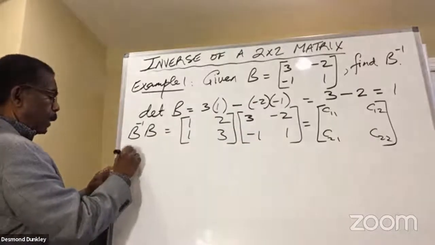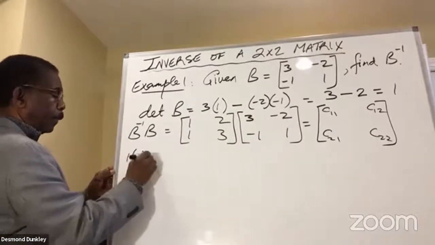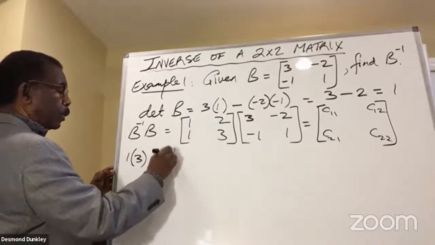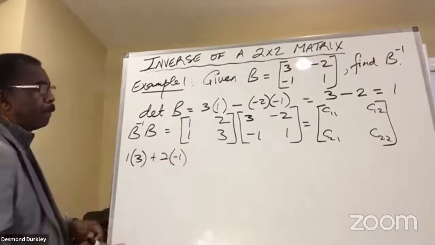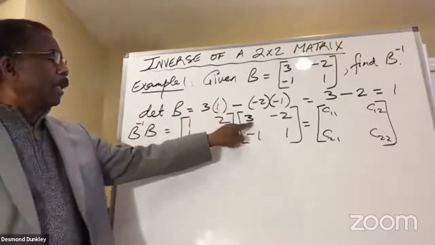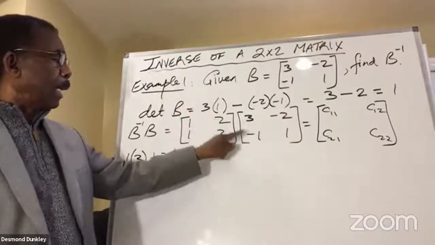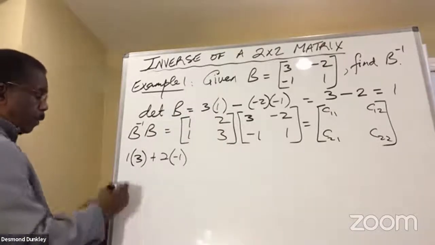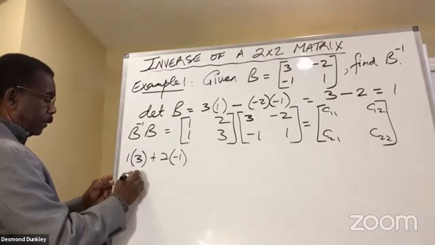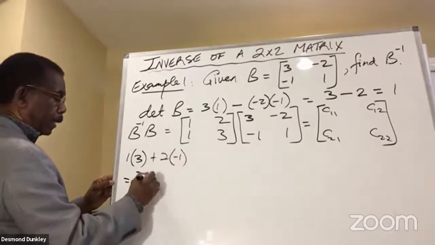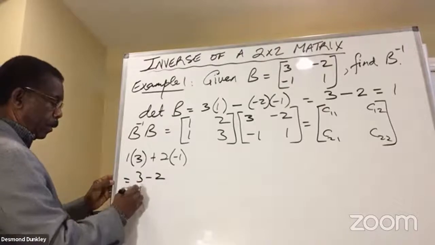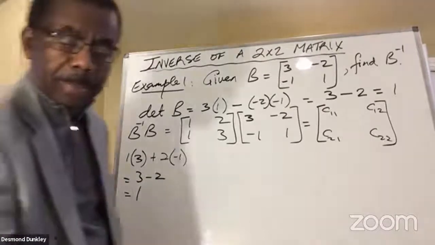Okay, so the first position is the first row, first column. It's going to be 1 times 3 plus 2 times -1. What do we get? 1 times 3 is 3. 2 times -1 is -2. We get 1. Good start.